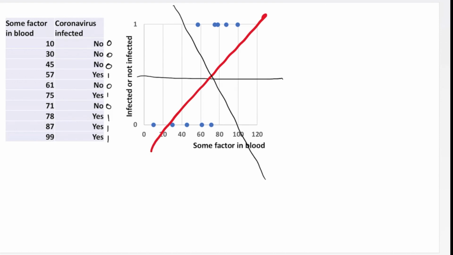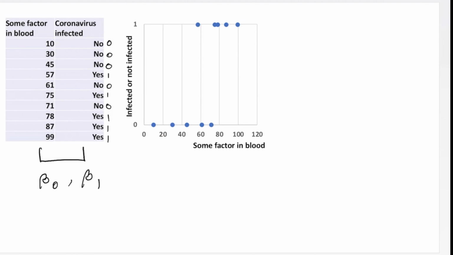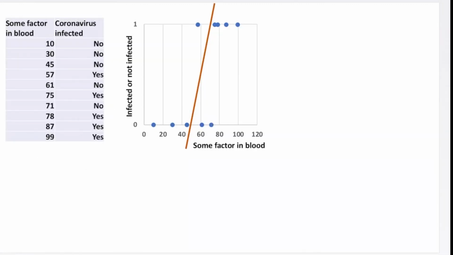Which line it should be depends on the analysis of those beta values. Obviously in this case, since we have two columns, we will need beta naught and we'll need beta 1. Let's say that this line fits the data very well. That means this line will contain minimum amount of error from each point toward the line.